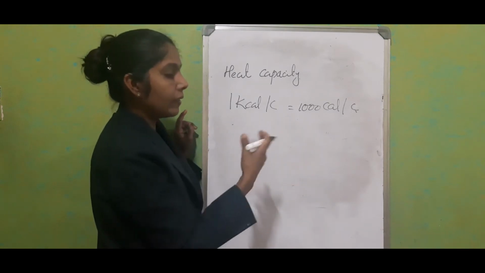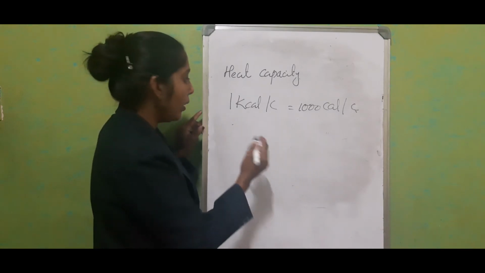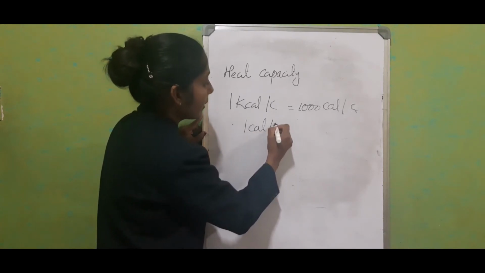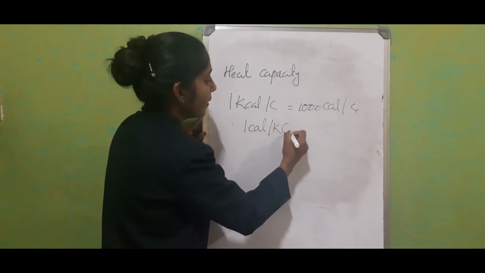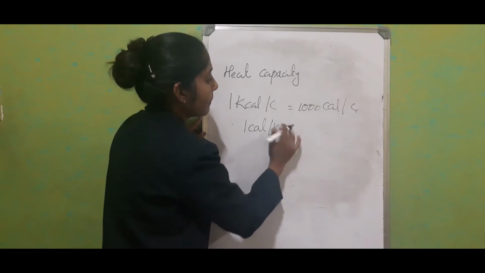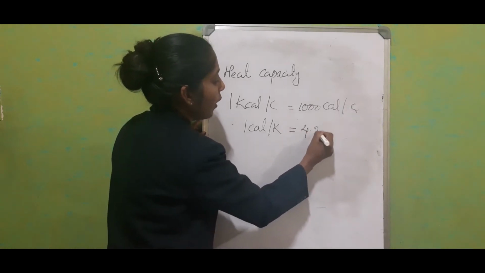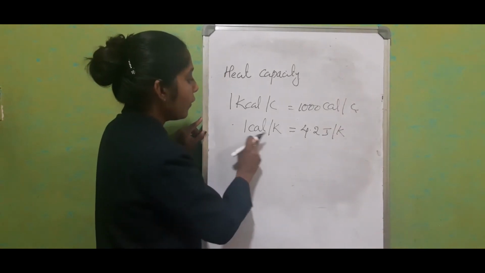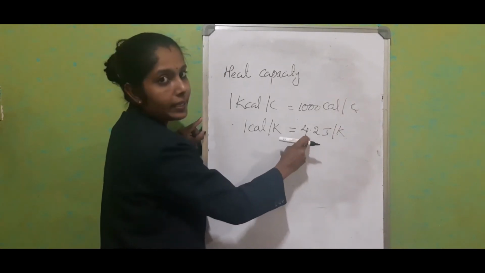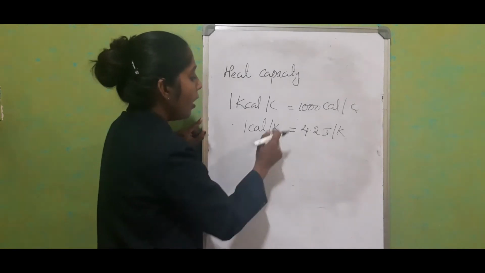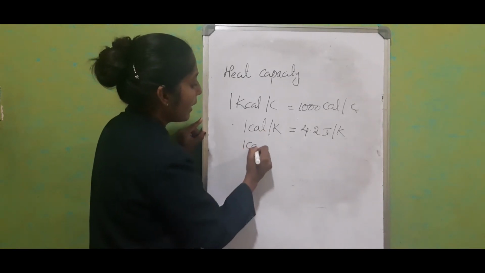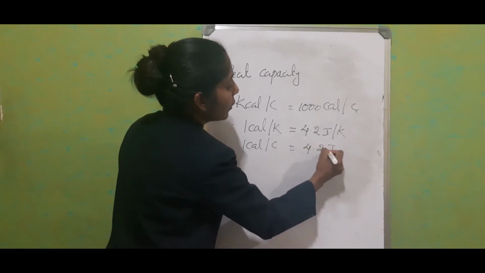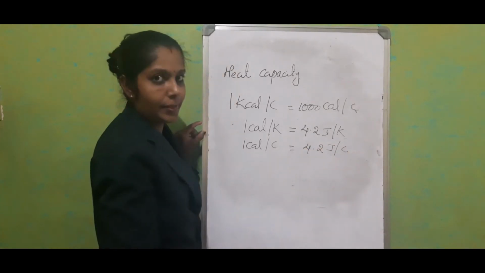And how can we convert calorie and joule? 1 cal per Kelvin or Celsius is equal to 4.2 joule per Kelvin. Instead of cal, if you are using joule, it should be 4.2 joule. The same way, 1 cal per Celsius is equal to 4.2 joule per Celsius.